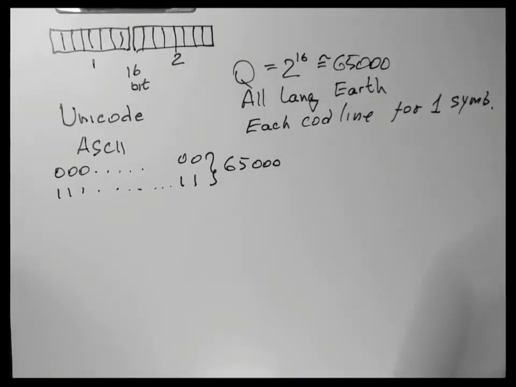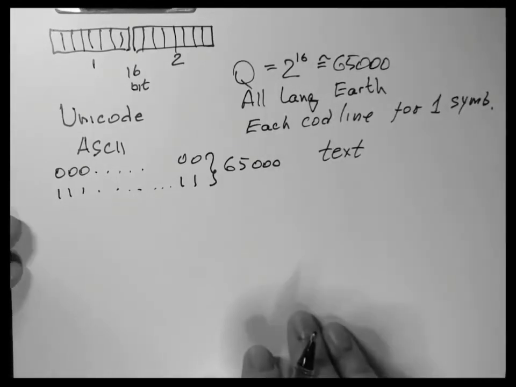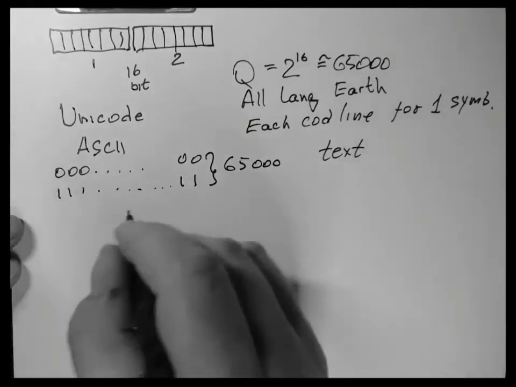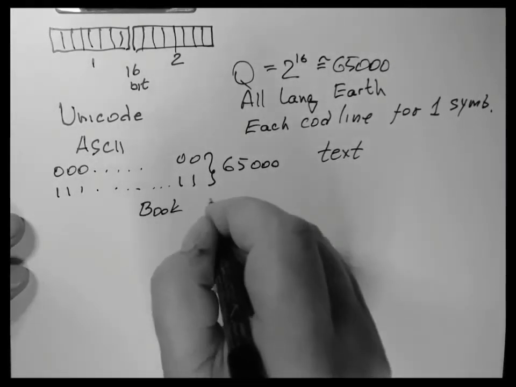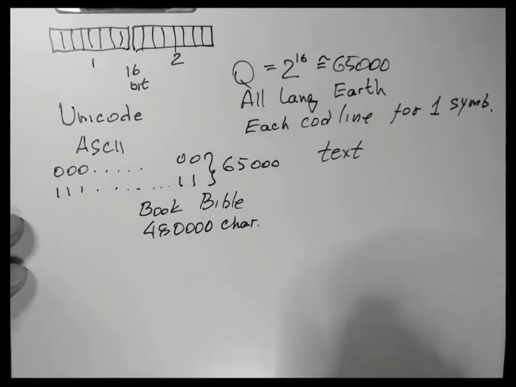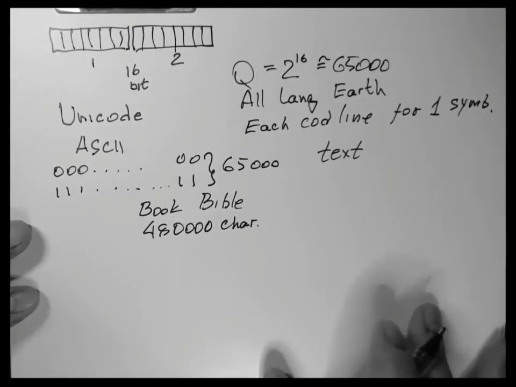Okay, all of the things I told you are just to make sure that you understand that the binary system is suitable for encoding textual information. Let me introduce a couple of problems that will be offered to you on exams. For example, the book of Bible contains 480,000 characters.